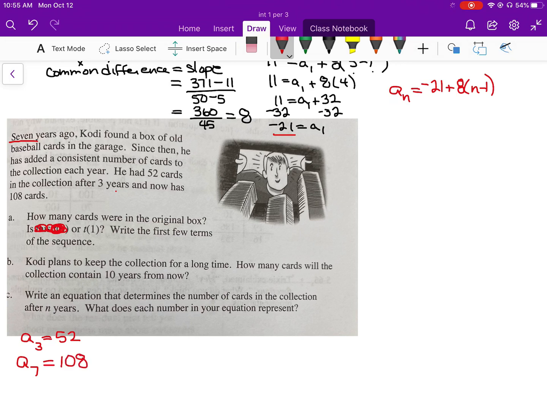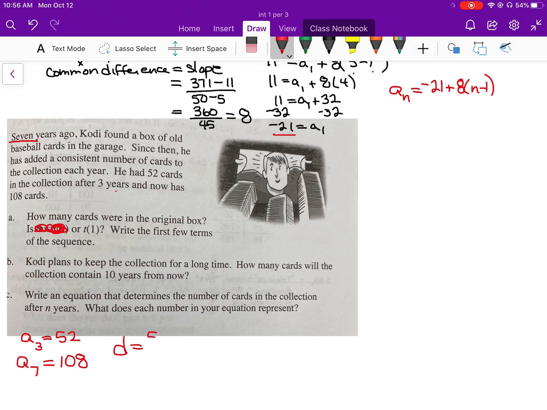Now can we find our D? Remember, our difference is the subtracting of the terms. Does it matter if I do 52 minus 108 or 108 minus 52? No, as long as I'm consistent, just like for finding the equation of a line. So this is going to reinforce when we found equations of lines.